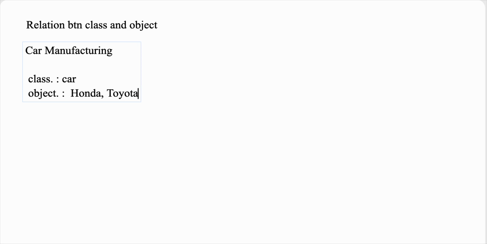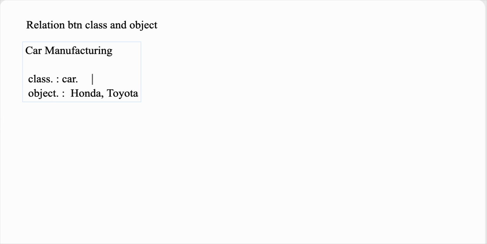Basically, the car class defines the general properties and methods, for example color, speed, and start, stop, etc. Each car, meaning each object, has its own specific color, speed, and behavior. I will write that here.